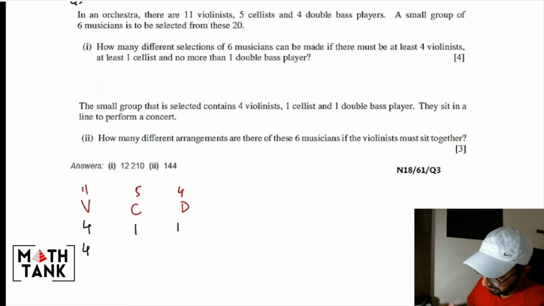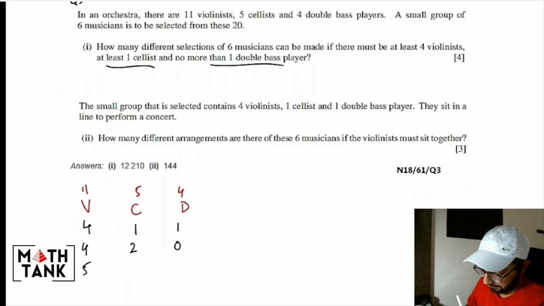And there can't be another case, 4, 1 and 1 is the only case. And no more than 1 double bass player. So there could be more cases. Yeah, I thought at least. So I can have 4, 2 and 0. I can also have 5, 1 and 0.